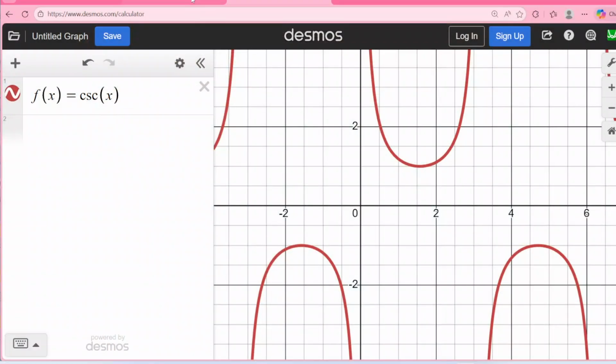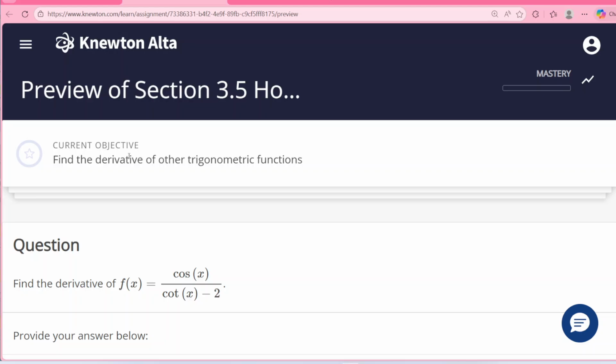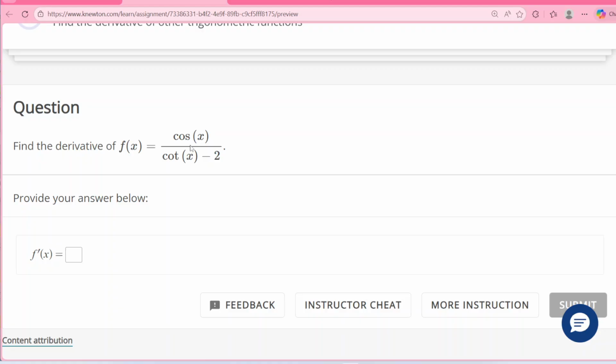All right, so here was our first question. This is find the derivative of other trigonometric functions. So this is the other 4 besides sine and cosine. But you see some cosine show up here, so that's why I wanted to just do all 6 of them initially. So we're asked to find the derivative of the following function, which has some fraction with a combination of trig functions.